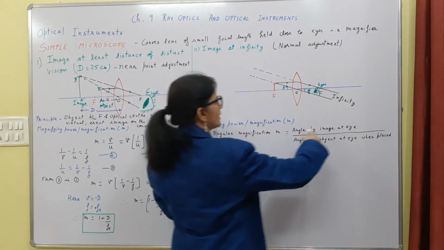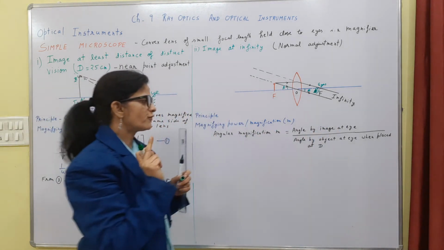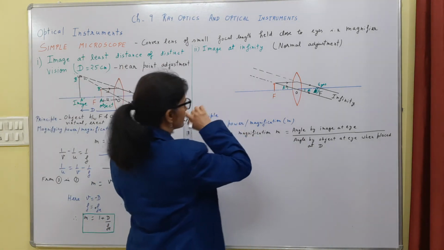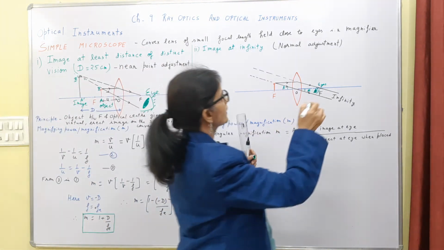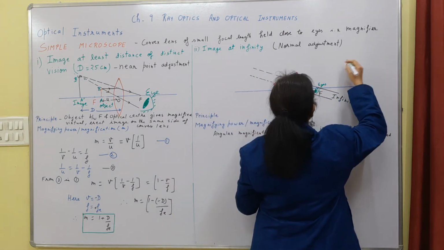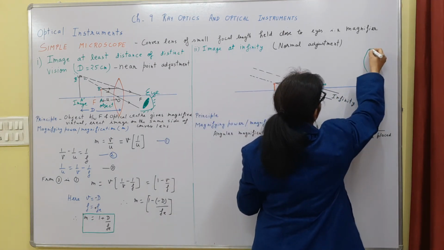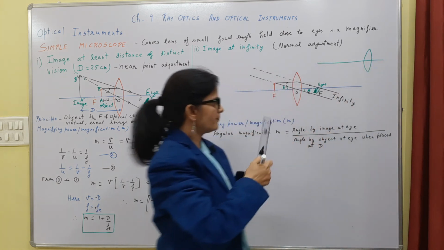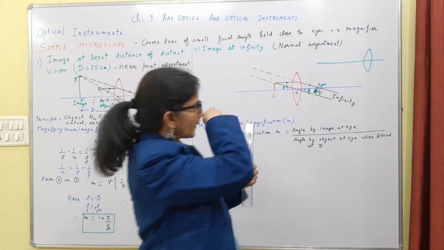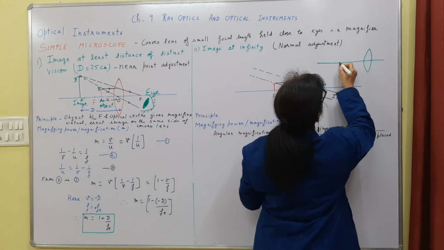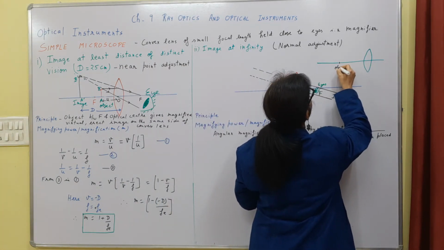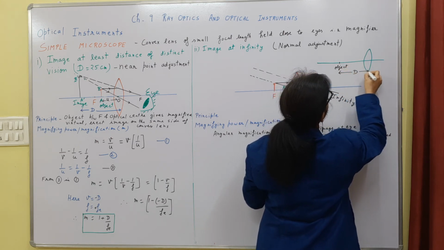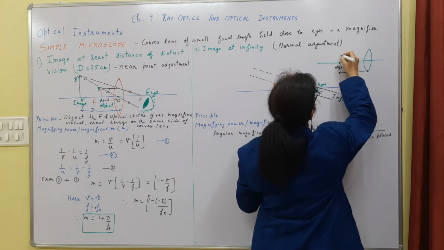So this will be the angle by the image at the eye, and then we have to find the angle by the object at the eye when it is placed at the least distance of distinct vision. For this we draw another diagram, where alpha is the angle formed by the object when it is placed at the least distance of distinct vision.